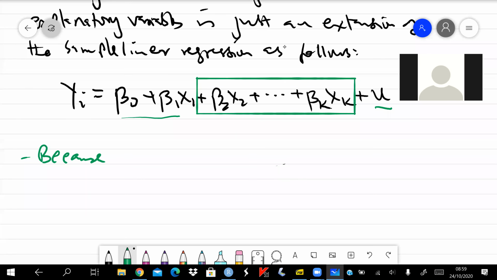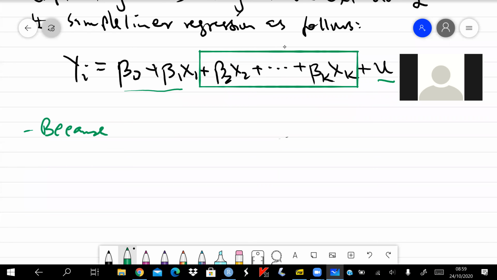We say that because if you differentiate this function, if you take partial derivatives of y with respect to each of the independent variables, generally you will get this general equation: the partial derivative of y divided by the partial derivative of xj, where j can be 1, 2, 3, all the way to k, will give you beta j.